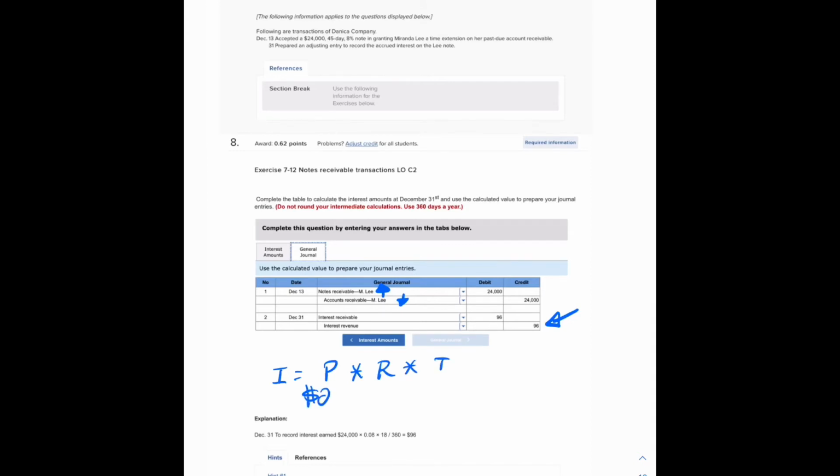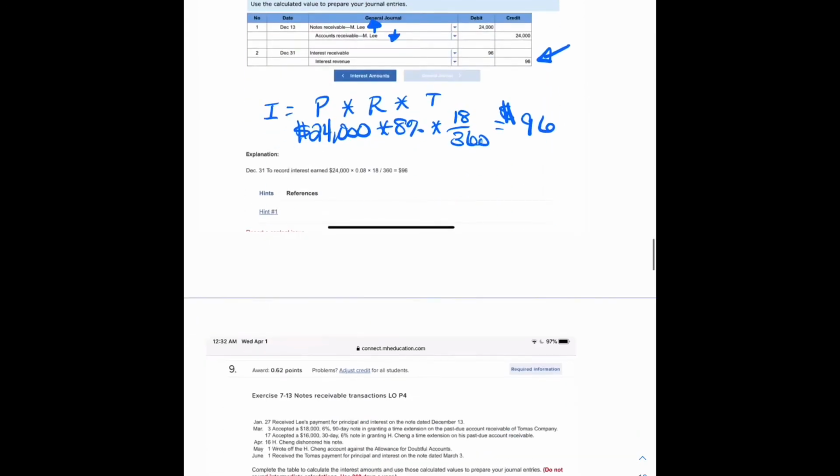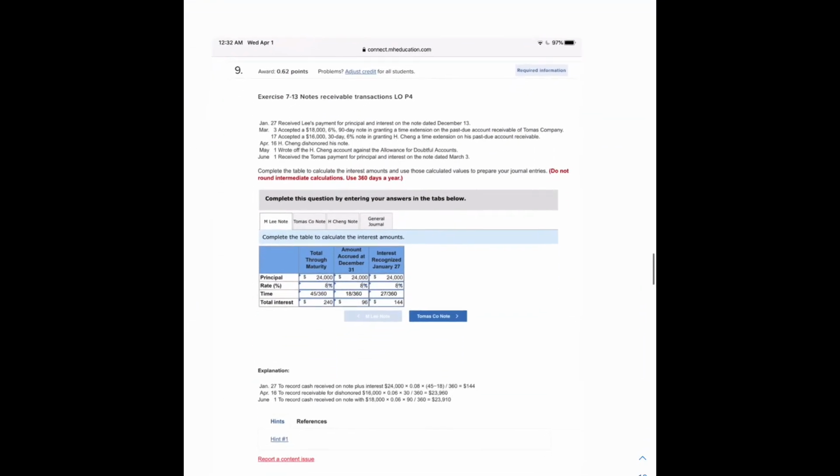That's still my $24,000 times my 8% interest rate times 18 days out of 360, and that will give you $96. And that's exactly how we calculated this accrual here. So then what happens with the rest of the interest? Well, that's incurred or accrued for in the next period. Okay. So now that we're done with 8, we're going to move on to 9, but it's related.